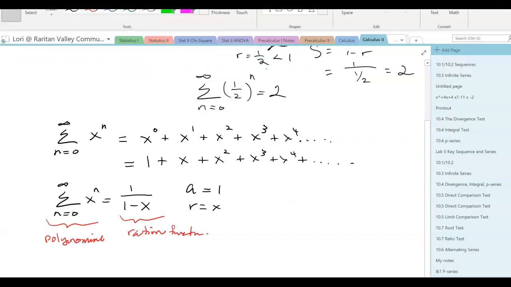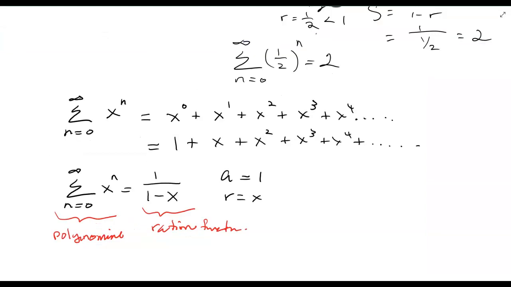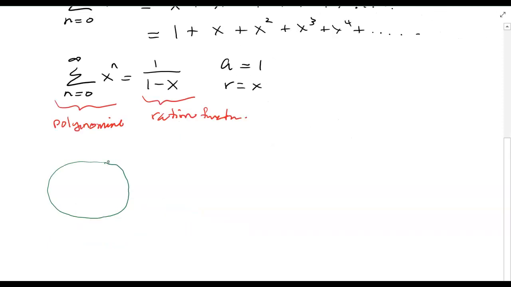Let's go back to our function. So we can see that our polynomials, when we sum this, right around that 0 mark, start to kind of estimate the rational function 1 over 1 minus x.